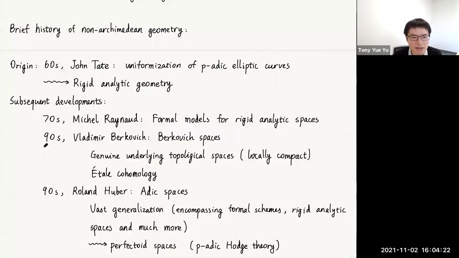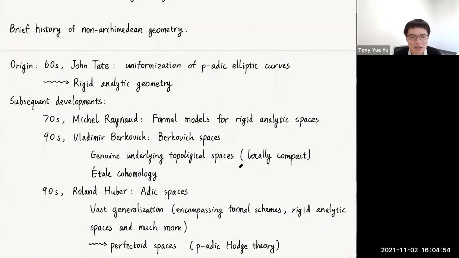Then, in the 90s, Vladimir Berkovich introduced the notion of Berkovich spaces. Unlike rigid analytic spaces, which only have a Grothendieck topology, Berkovich spaces possess genuine underlying topological spaces which are locally compact. So they are much closer to our intuition for analytic spaces.